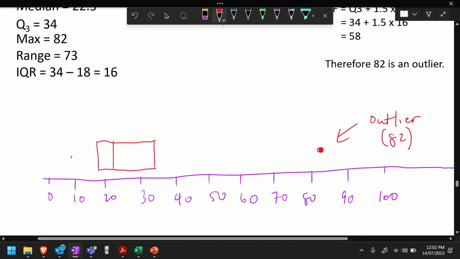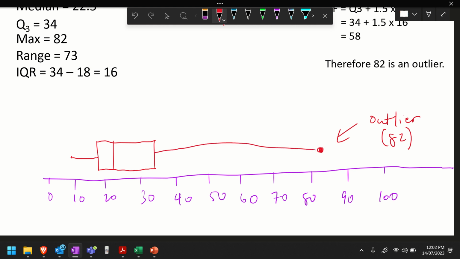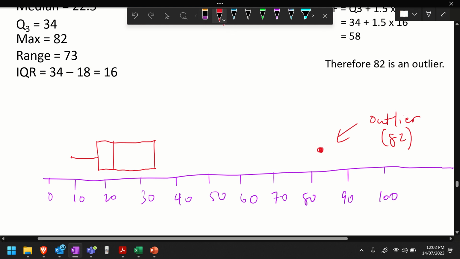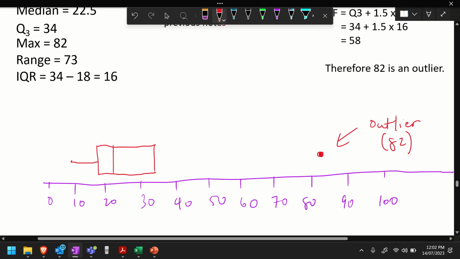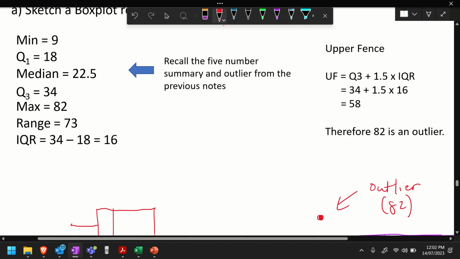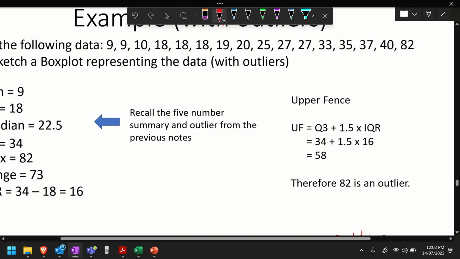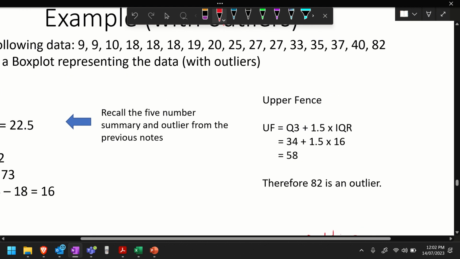Here's the thing you've got to watch out for. This line will go back to the box, but I'm going to ask Donovan, should I connect the outlier back to the box? No. The reason we don't do that is because it's an outlier. So what you need to do is go to the next highest number before 82, and what's that? 40.